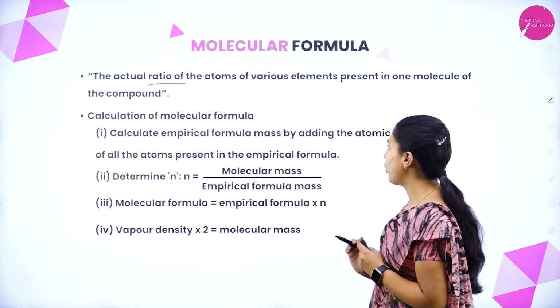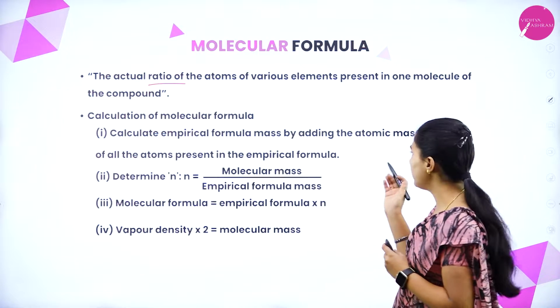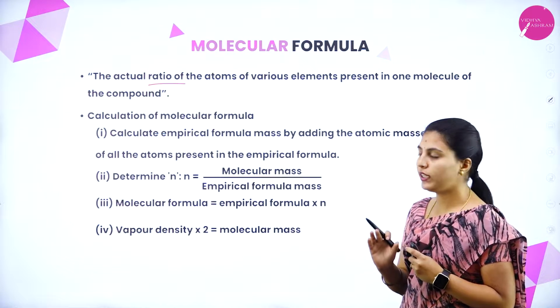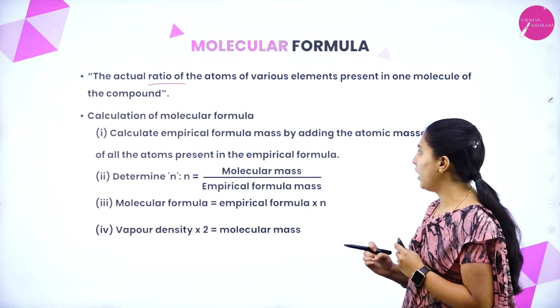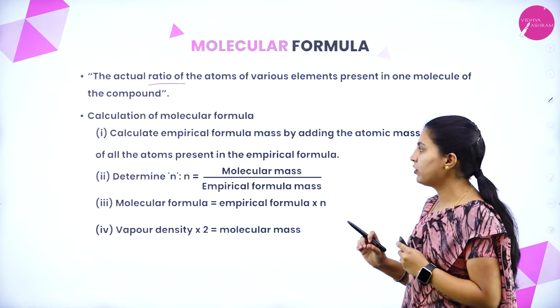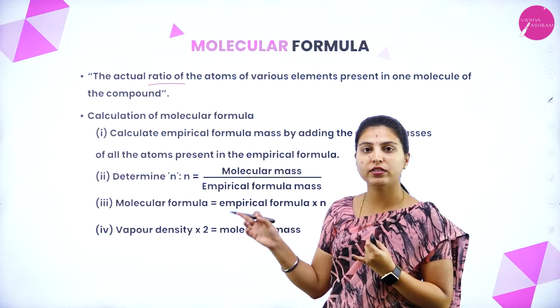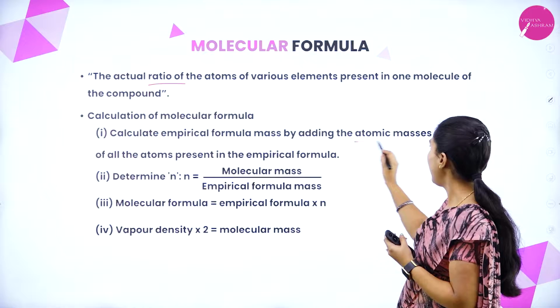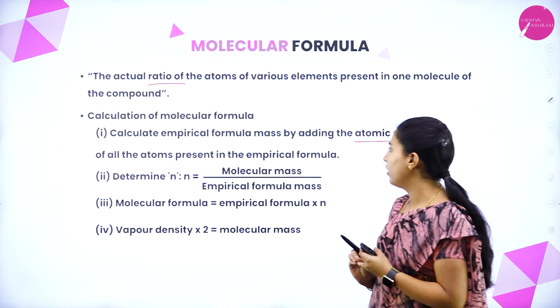Calculate the empirical formula mass by adding the atomic masses of all the atoms present in the empirical formula. First you have to find the empirical formula that you have seen in the previous slide. Again, for that you have to add the atomic masses of all the elements present in the compound.